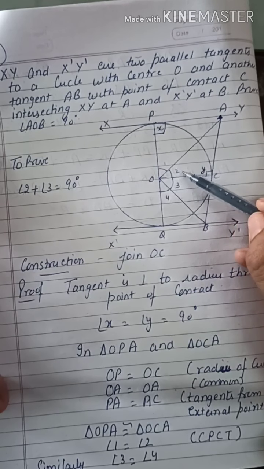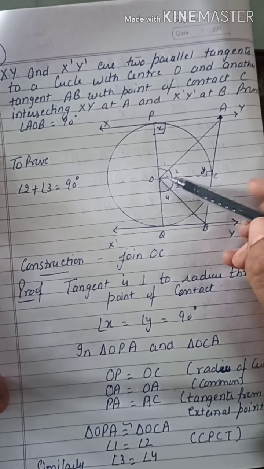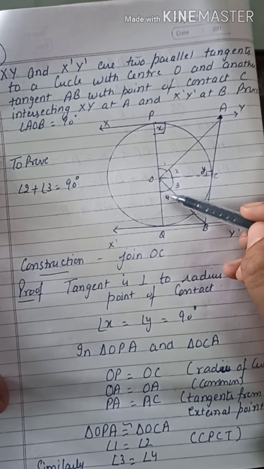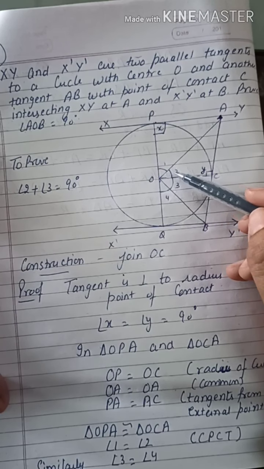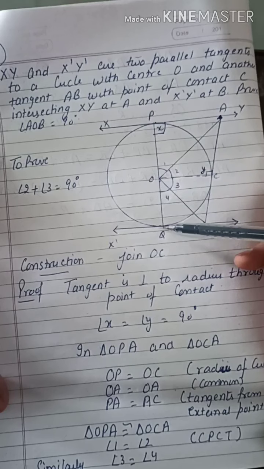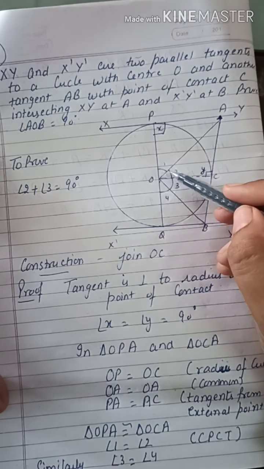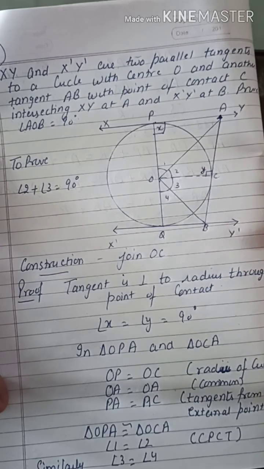Now angle 1 equals angle 2, angle 3 equals angle 4, and this line contains 4 angles, 1 plus 2 plus 3 plus 4. What is POQ? POQ is the diameter, and diameter is a straight line. So 1 plus 2 plus 3 plus 4 is a straight line angle.